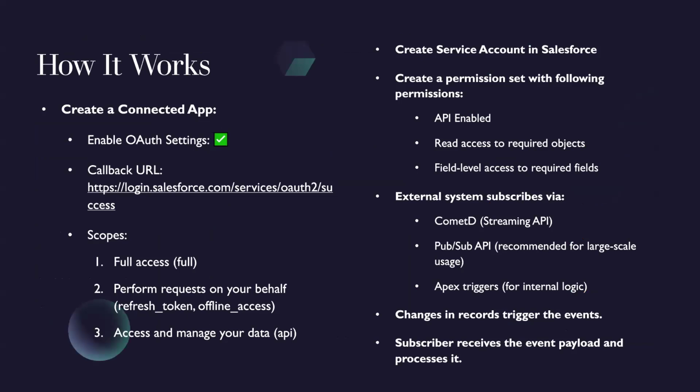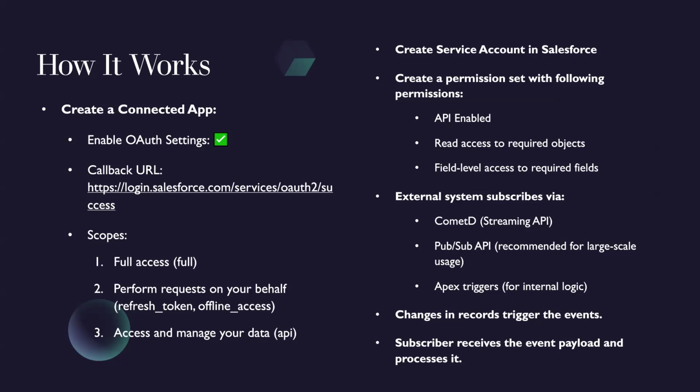Next, when you create a platform event, as I said earlier, you need to provide the channel which gets created under /event/ your event name followed by __e. You need to share that with your external system along with a few more things.